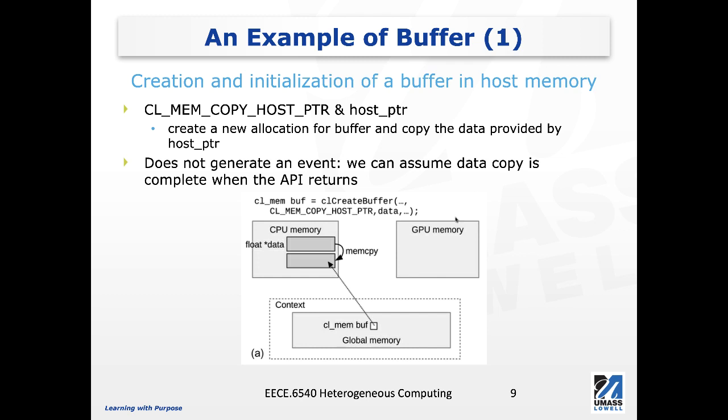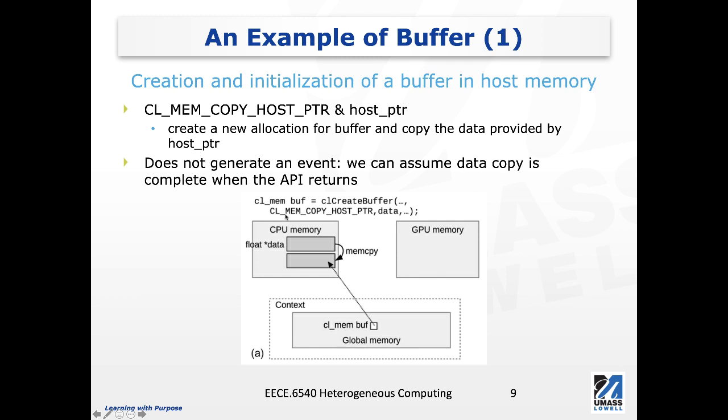What we see in this diagram is the context we are performing this buffer creation operation in. Because this is a clCreateBuffer API, the goal of this API call is to create a memory object called a buffer, and this memory object is going to be in a global memory that is accessible to all the devices.